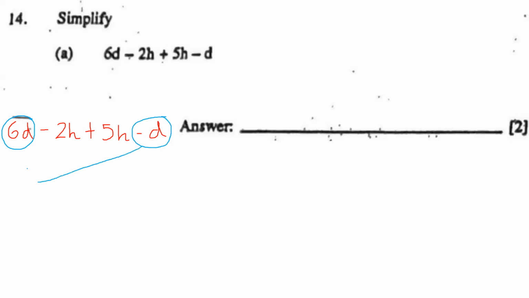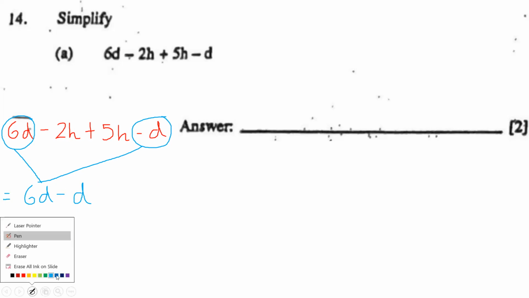So it's going to be 6d minus d. And even though there's no 1 in front of it, this means 1d. Let's not forget the equal sign. Now we have the h's.